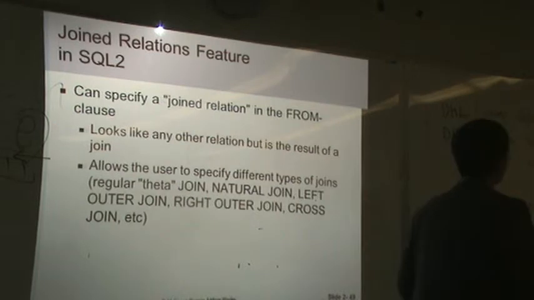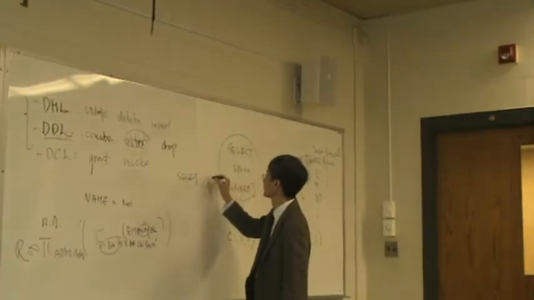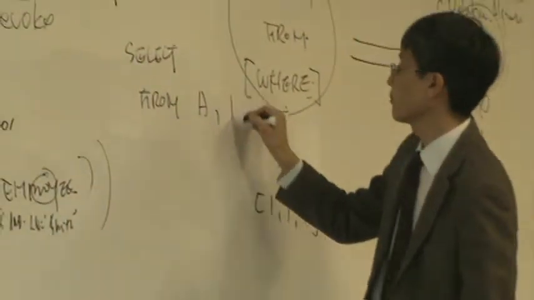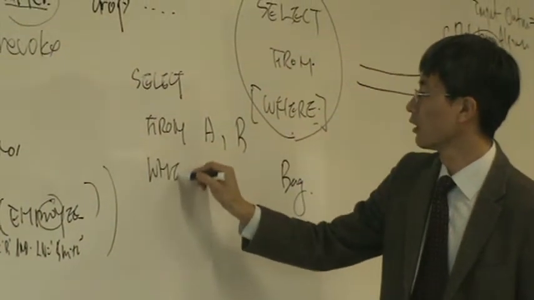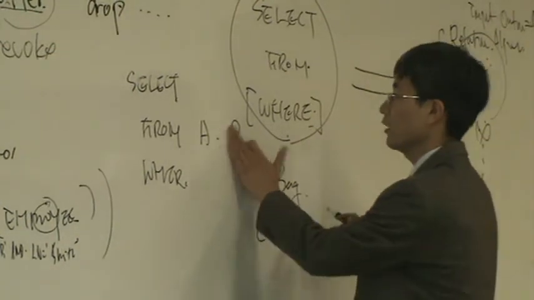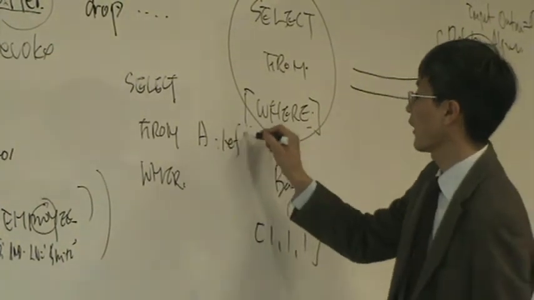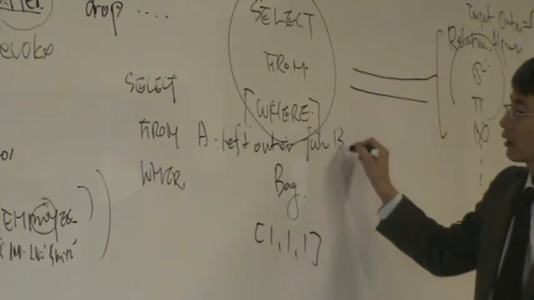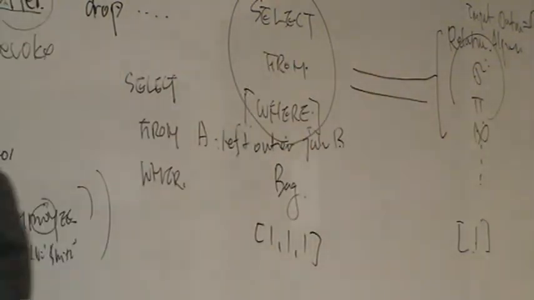Sometimes you can see from A left outer join B. This is left outer join.